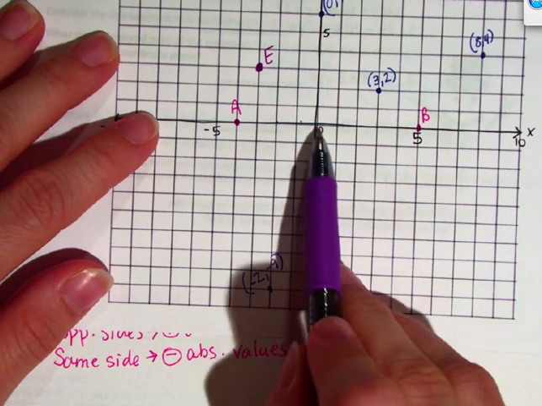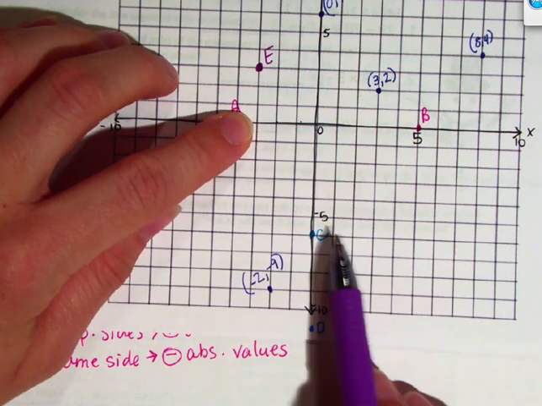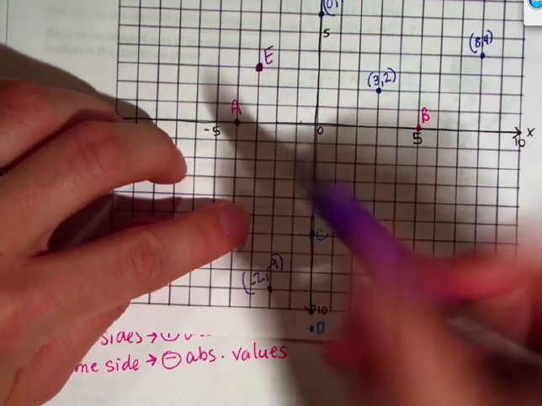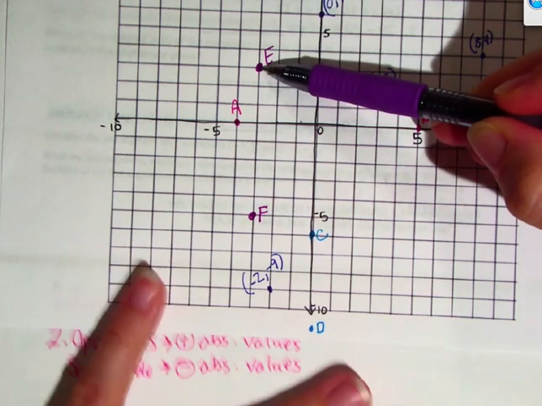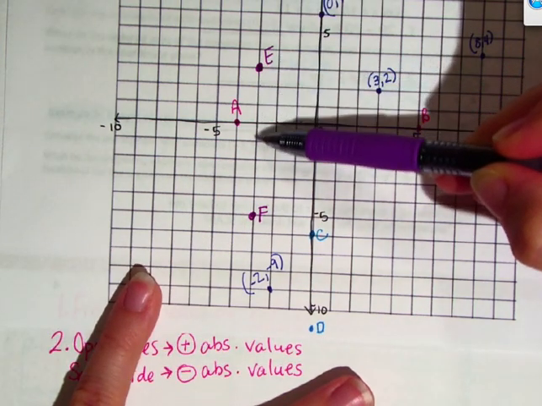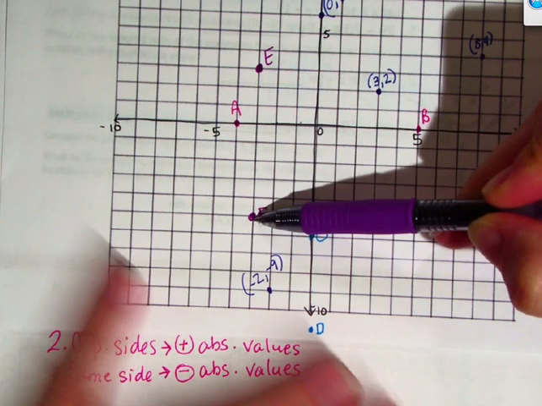Then (-3, -5), yep, same line, E and F. Okay, let's see how far it is. Finding the distance: 1, 2, 3, 4, 5, 6, 7, 8.